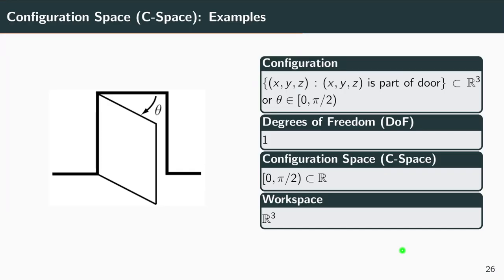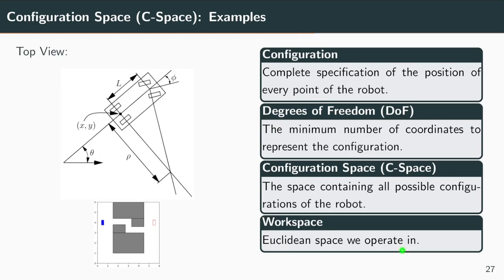Okay, and then I have another example. This is a bit more complicated, so I have to explain it first. We have this car-like vehicle over here. It has a front steering, so the wheels can turn, given by this angle, which gives us the turning angle.